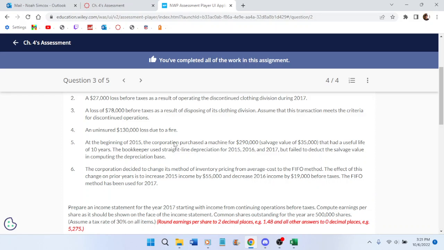Now, thankfully, I was able to remember what it was. But that is a weird question to have on this assignment. I mean, thank goodness I'm remembering stuff from like 2 years ago. So, we know what we have to do for that. I have to do all this mental gymnastics to fix that error. Changing their method of inventory pricing.